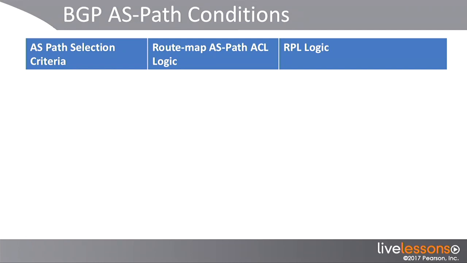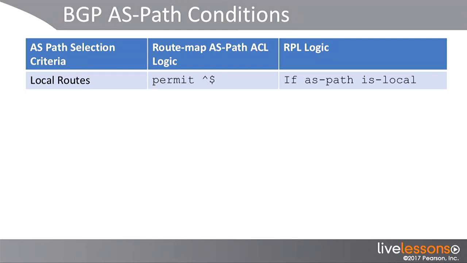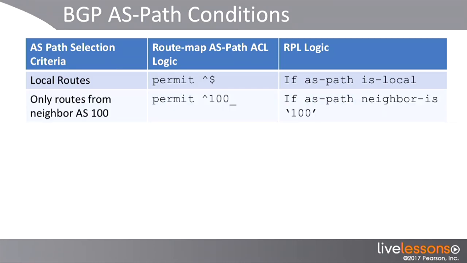In Cisco IOS, for matching the local routes, you use permit, caret, and dollar sign. With RPL, it's more understandable and readable. You can simply define if ASPath is local, and you match the local routes. Second is only routes from a particular neighbor AS number.